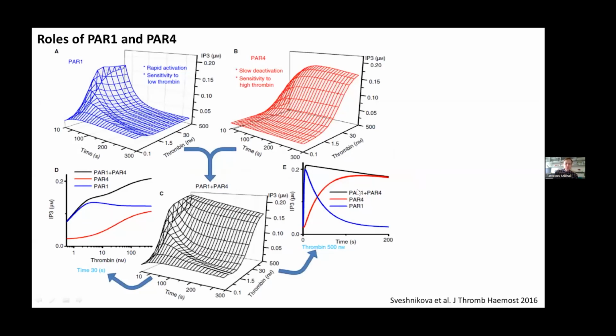We used computational models to show that their combination provides a perfect combination of sensitivity within a wide range of thrombin concentration and a wide range of times. So one receptor gives short responses for low thrombin concentration, while the other works for long-term responses and a high concentration range, while together they provide a combined response.